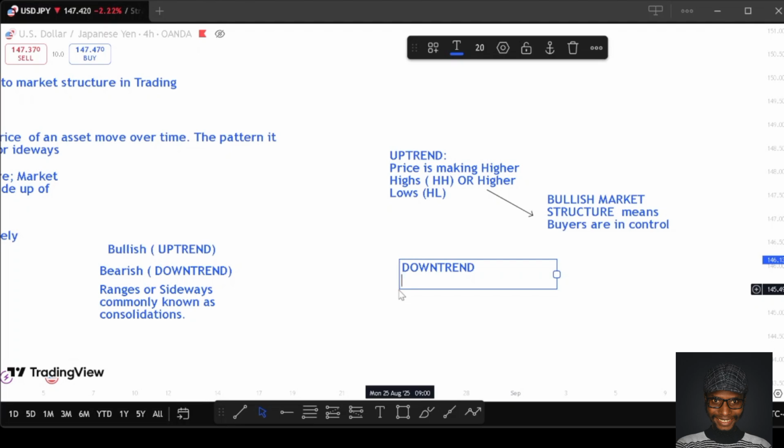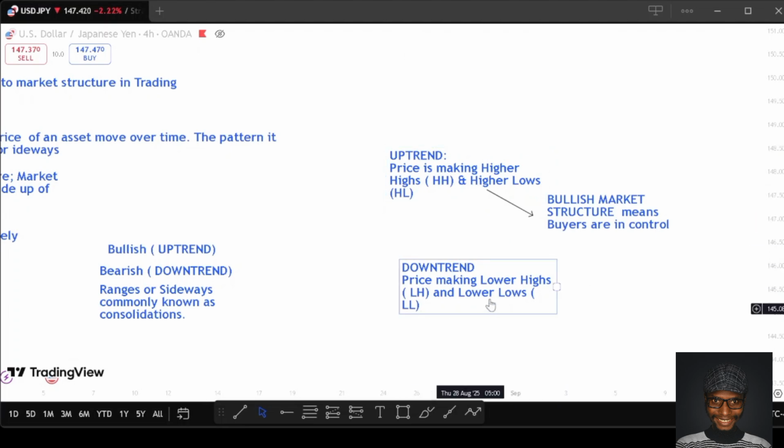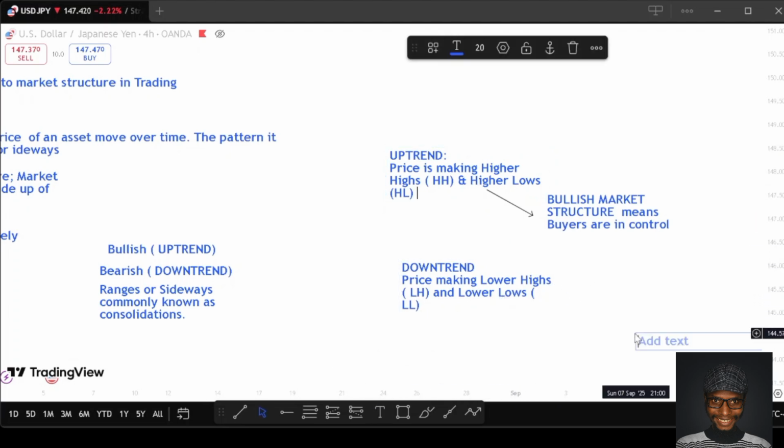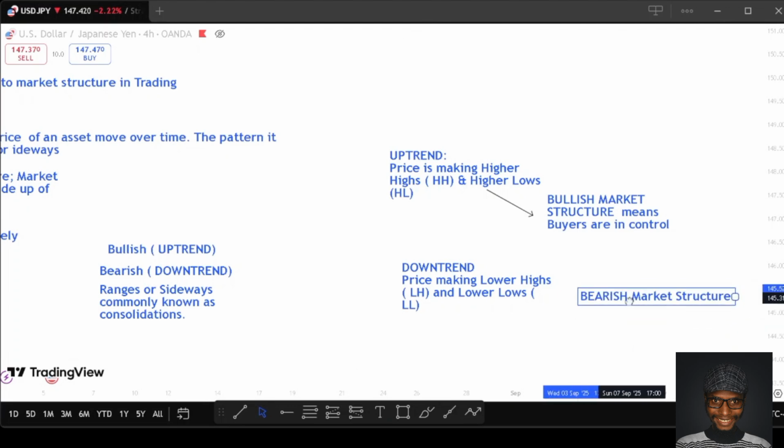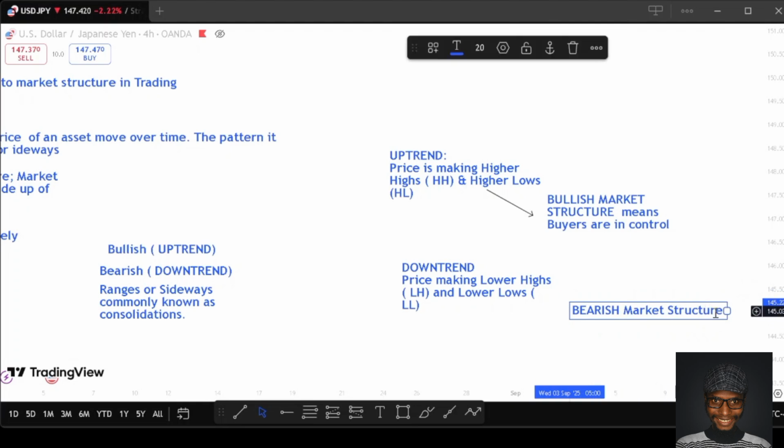The downtrend is price making lower highs and lower lows. So here it means sellers are in control.